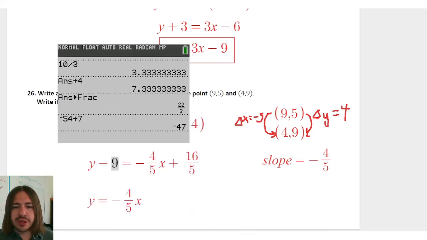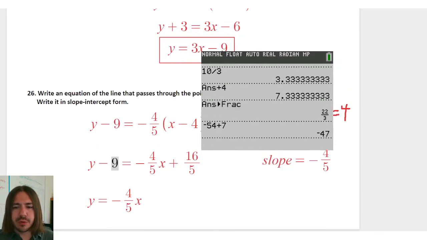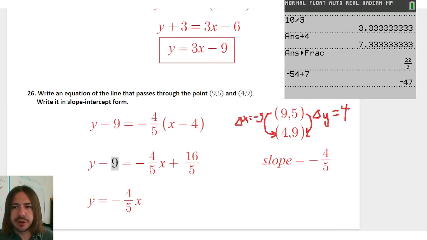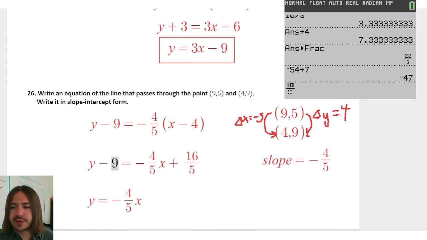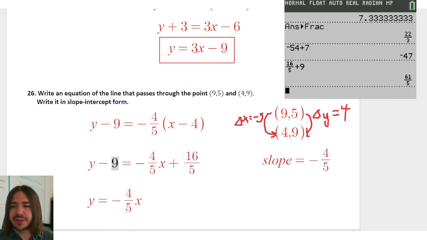So what we're trying to do here is compute 16/5 plus 9, just to make sure. If 45 and 16, if I was right, it would be 61/5. Yeah, there we go.